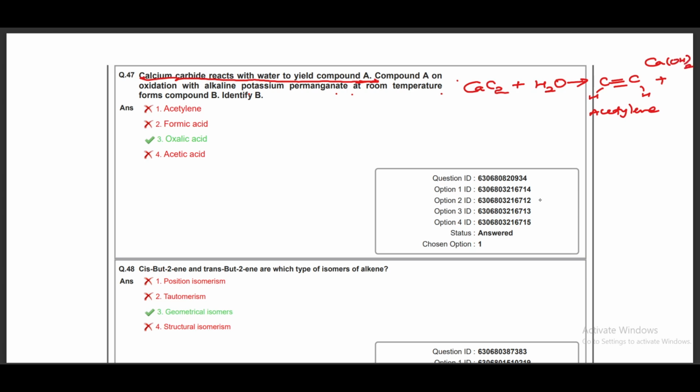So this is its balanced chemical reaction. Calcium carbide when it reacts with water yields acetylene.